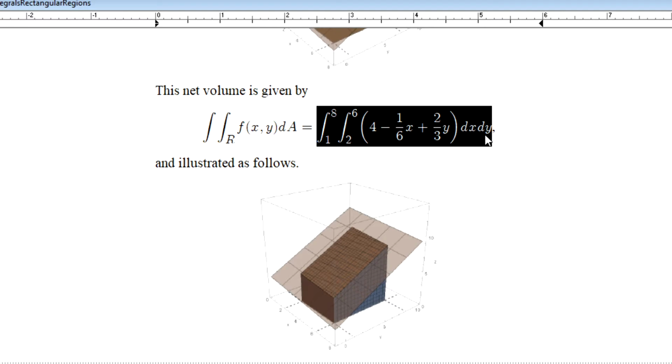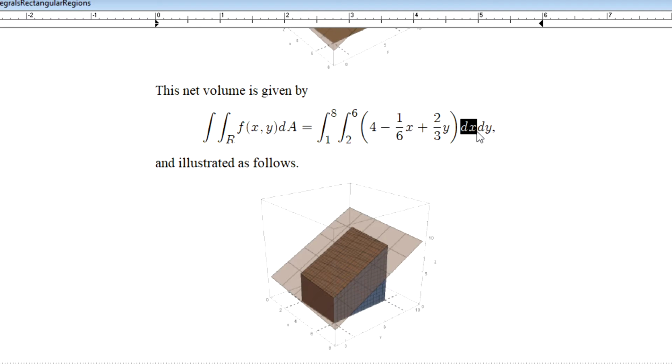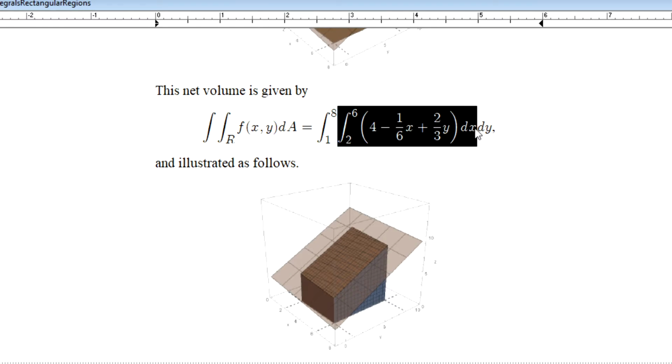Now, this is just an arbitrary order. I just picked to start integrating with respect to x first because we are often a little bit more familiar with integrating with respect to x than y. And we would integrate with respect to x across the bounds from 2 to 6, and then integrate with respect to y across the bounds from 1 to 8. And in the end, regardless of the order, we would produce this net volume calculation.